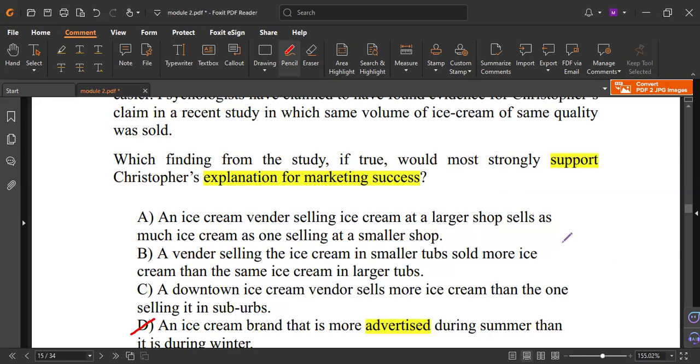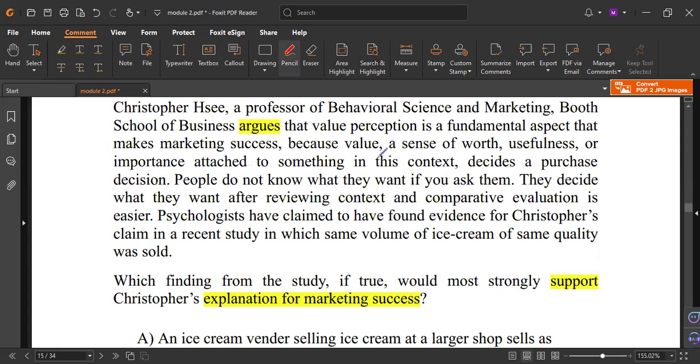Let me help you. Wait, I'm gonna do it. So for letter B, a vendor, as you know, a seller, selling the ice cream in smaller tubs, sold more ice cream than the same ice cream in larger tubs. That is the same point here.